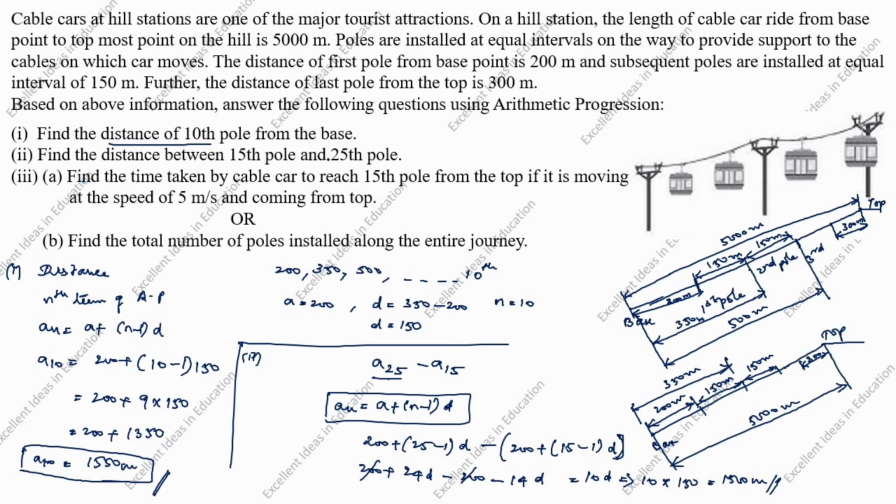The distance between 15th pole and 25th pole is 1500 meter.